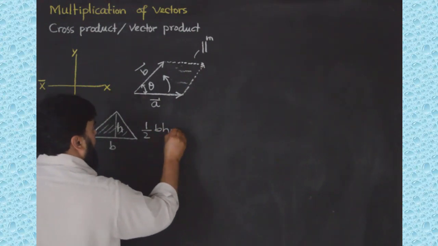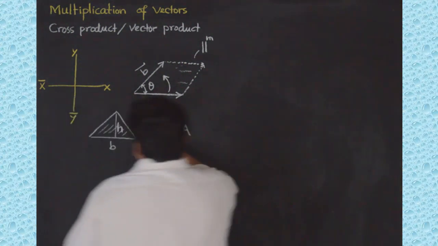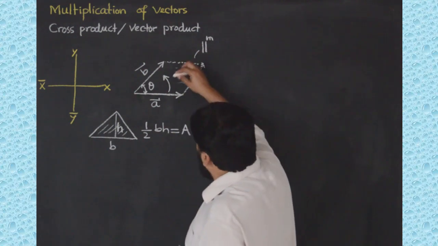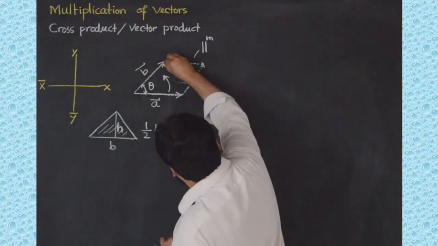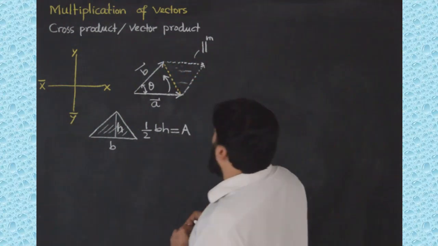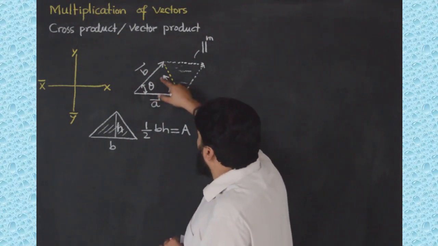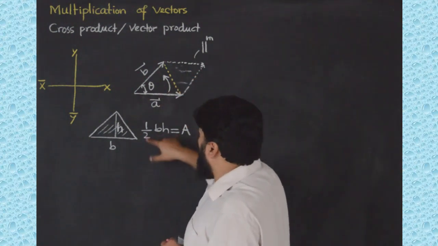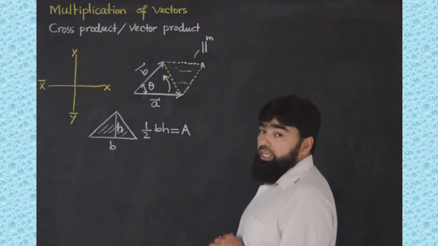We know that the area will be half times base times height. Now here, if I split this into two triangles like this, then this is one half BH, and this is another half BH. So half BH plus half BH will give us BH.